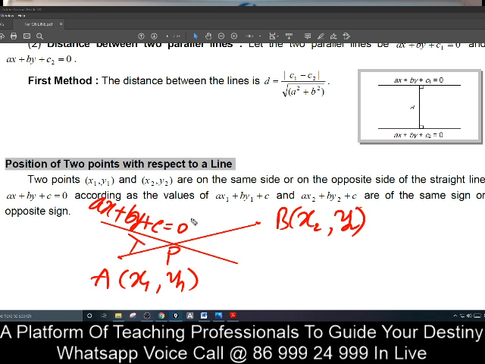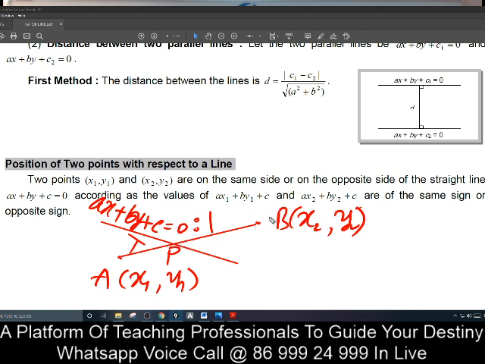We don't know in which ratio the line divides the line segment, and hence we take the required ratio as lambda is to 1. And we apply the ratio formula: lambda x2 plus x1 by lambda plus 1, lambda y2 plus y1 by lambda plus 1.